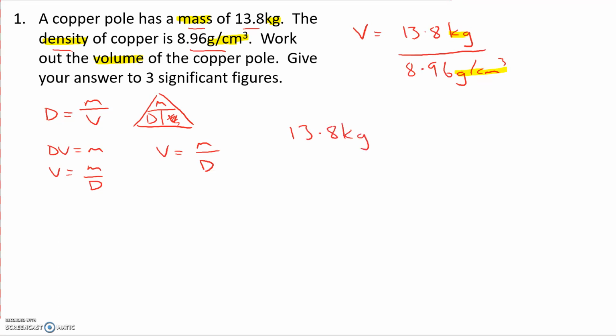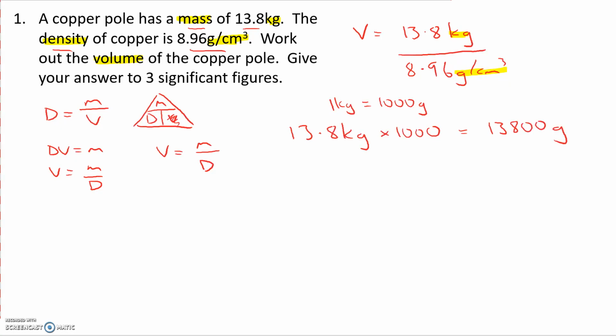Now how do we do that? Well, I know that 1 kilogram is equal to 1,000 grams. Therefore 13.8 kilograms, if I multiply by 1,000, that's going to give me 13,800 grams.